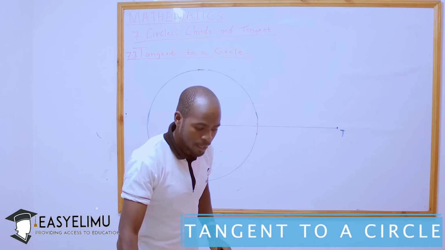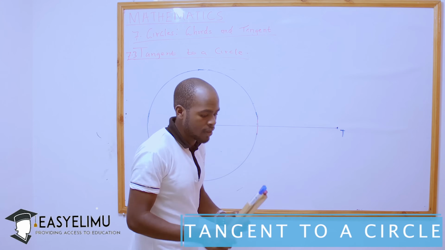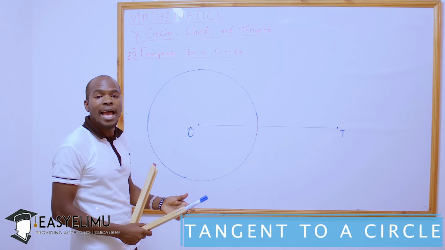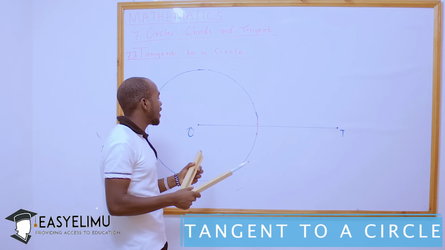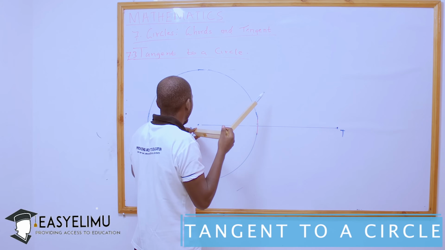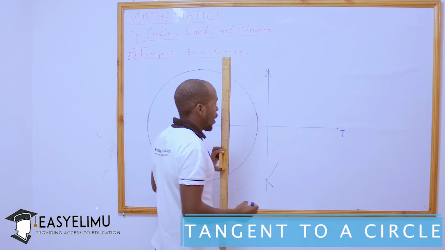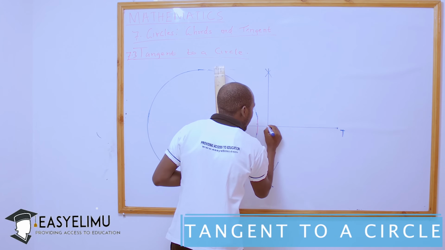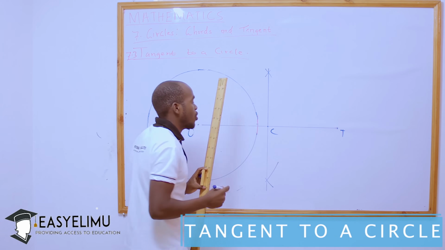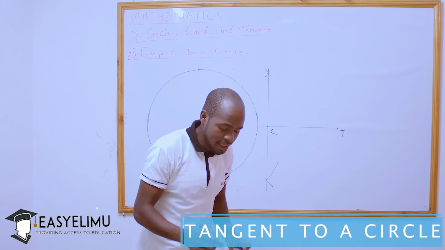Next step, take your pair of compass, bisect line OT to get C, for example. So if I bisect this line, we are having that, and the point where they meet, that is what I call C. That was the second step.